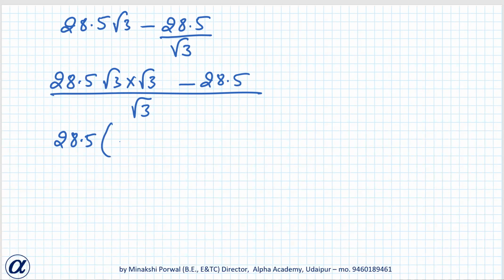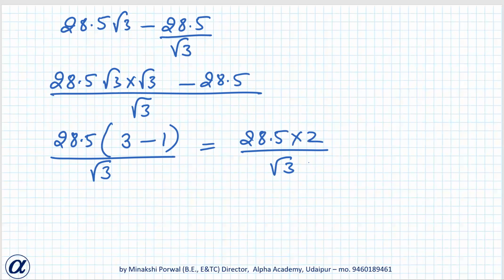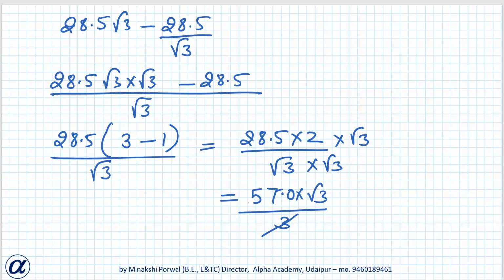If I take common, it is 3 minus 1 upon root 3, or 28.5 into 2 upon root 3, rationalizing the denominator. So this is 28.5 into 2 into root 3 upon 3. When you will cut this, it will be 19 root 3 meters. This is the answer.